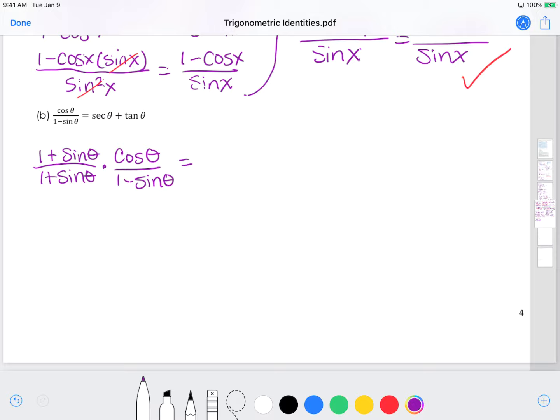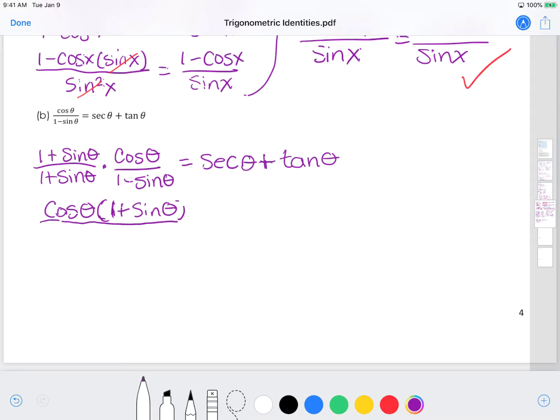And I'm trying to get that to be the same as secant theta plus tangent theta. Well, on the top, I have cosine theta times 1 plus sine theta.